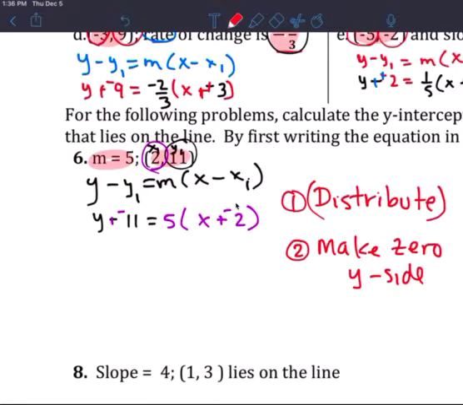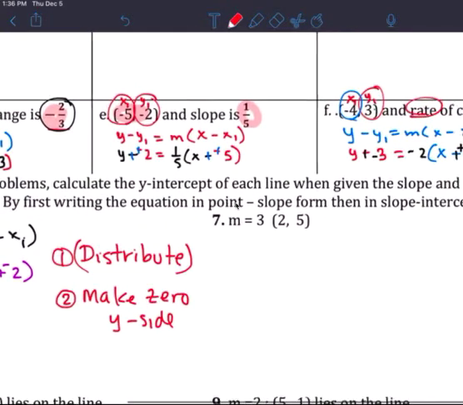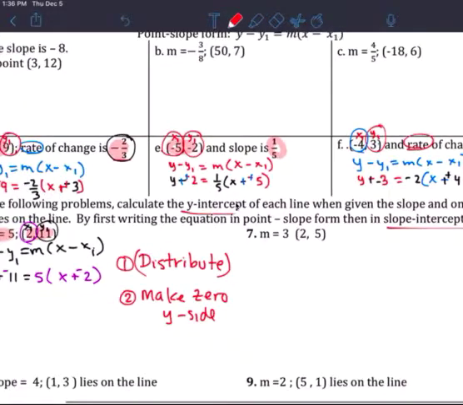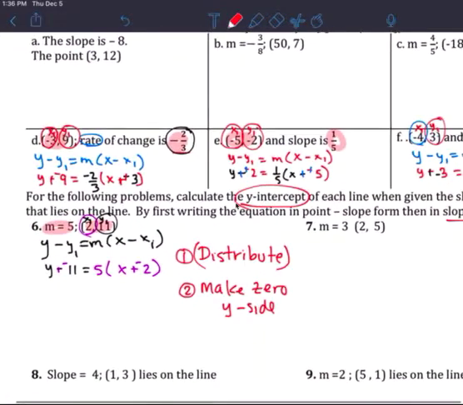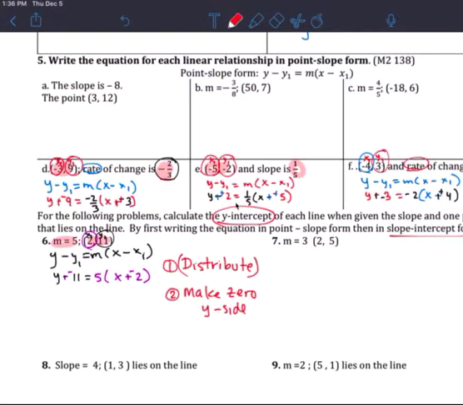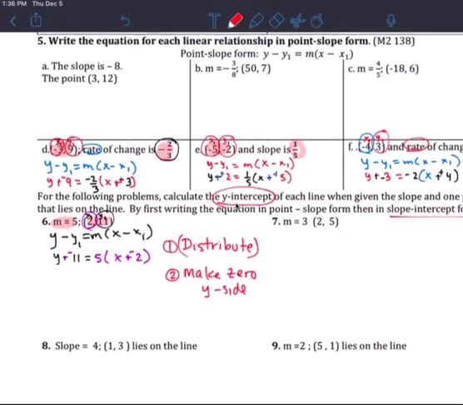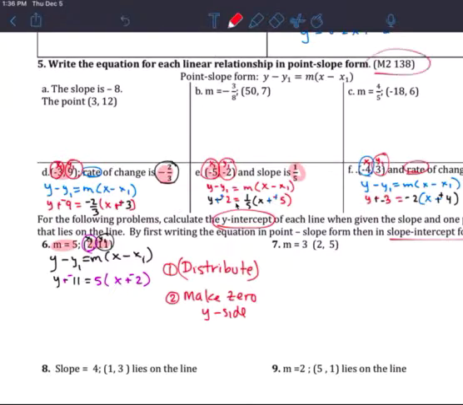Okay, so those are 2 new steps besides making it into slope-intercept form to find the y-intercept. It says calculate the y-intercept. For the following problem, calculate the y-intercept of each line when given the slope and 1 point that lies on the line. Okay, textbook page, you'll find it somewhere in there.